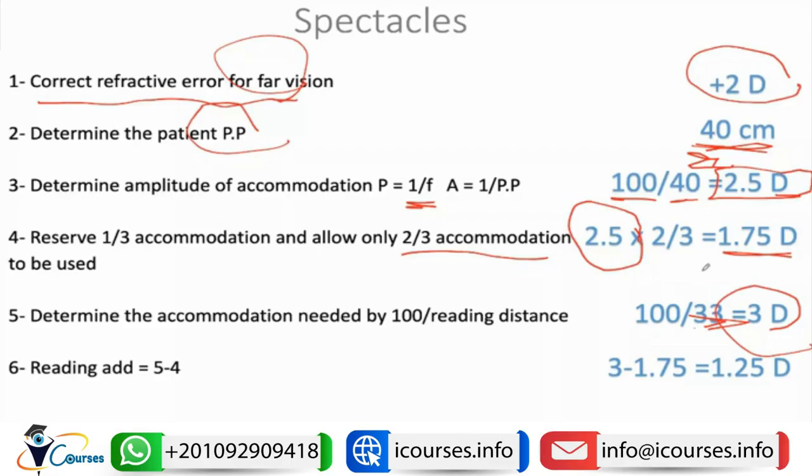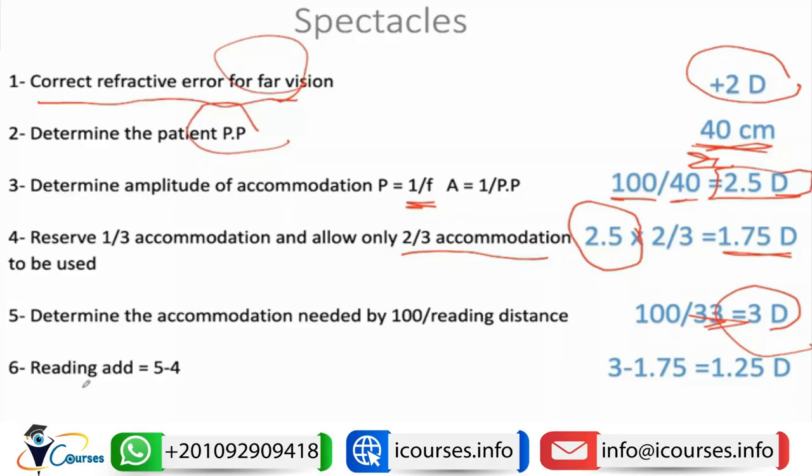So this patient needs 3 diopters in order to see clearly at 33 centimeters. But the patient has only 1.75 diopters of accommodation, so we need to add to this with glasses in order to complete the 3.